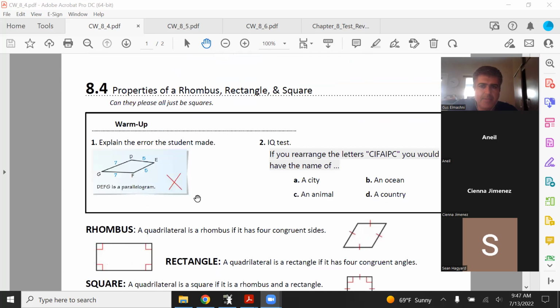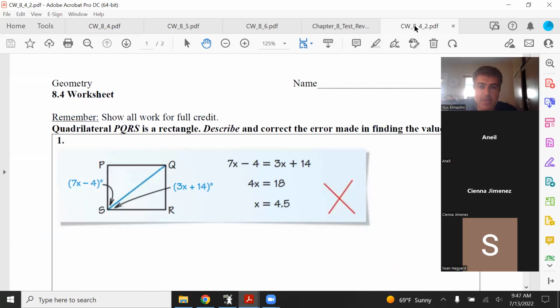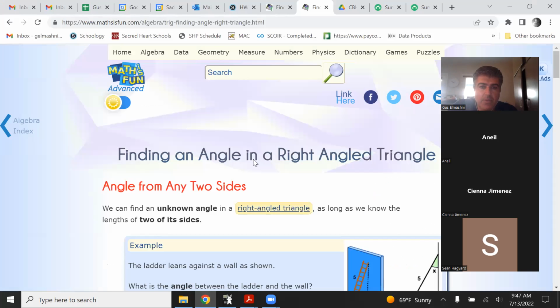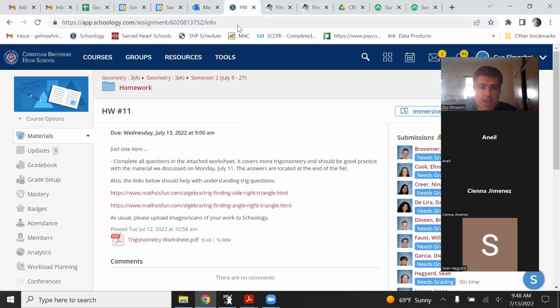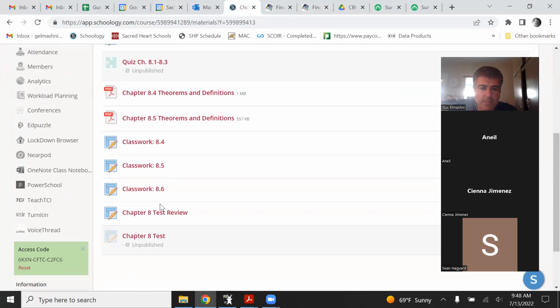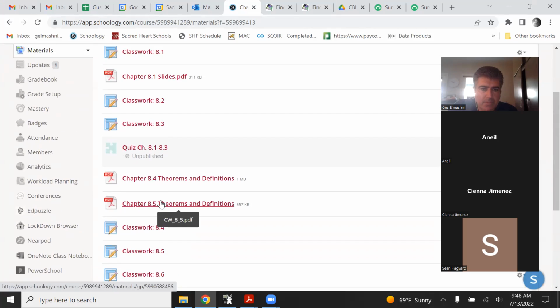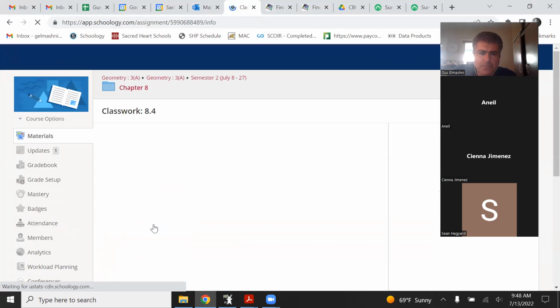So let's do some practice. We'll do this till about, see how long it takes. It'll be the next thing you should see in your packet. Also, you could download it in Schoology. If you go to Schoology, go to chapter 8. If you do need to download it, it's right there, should be classwork 8.4.